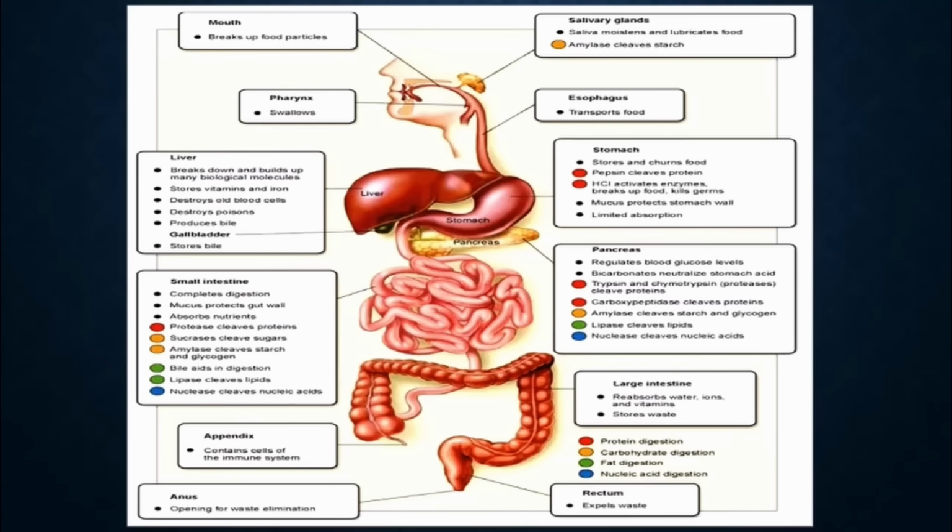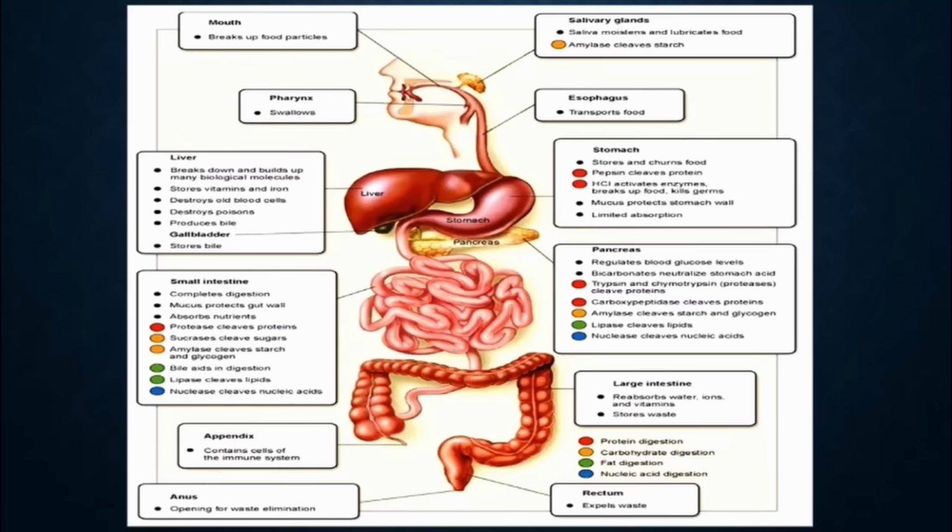An enzyme called salivary amylase, or ptyalin, cleaves the carbohydrate or starch. Then the food enters the pharynx. After swallowing, it enters the esophagus with a movement called peristaltic movement, which transports the food into the stomach.